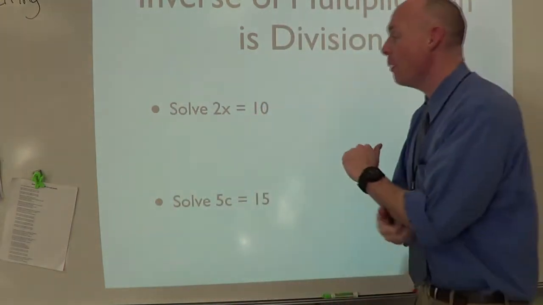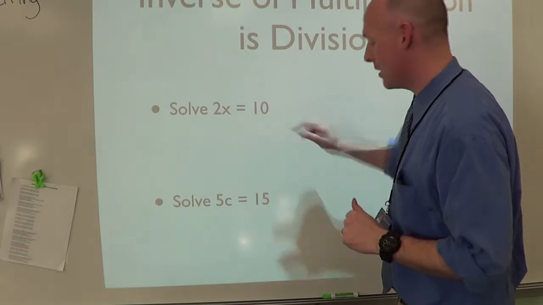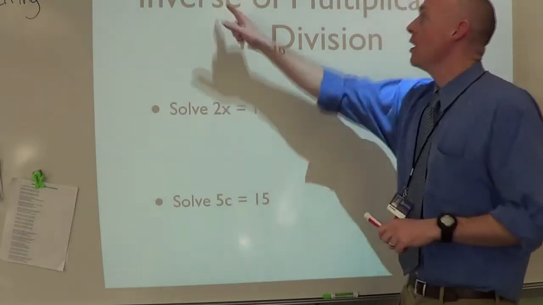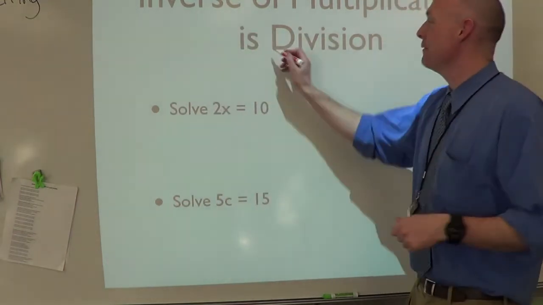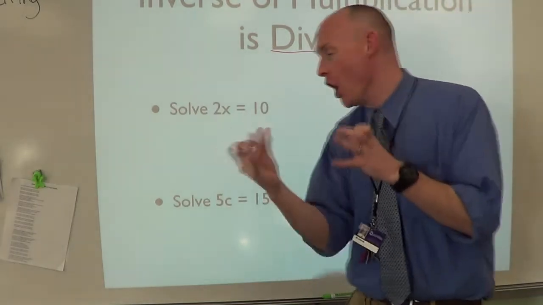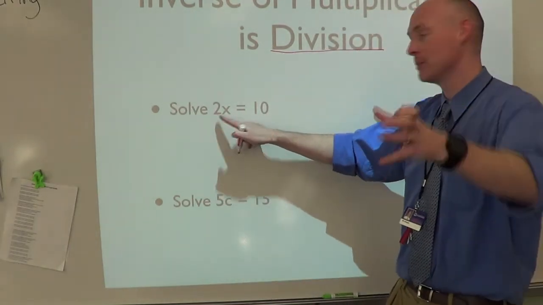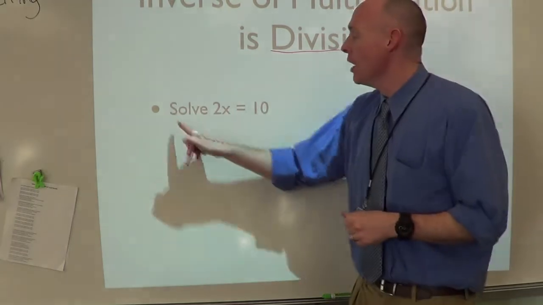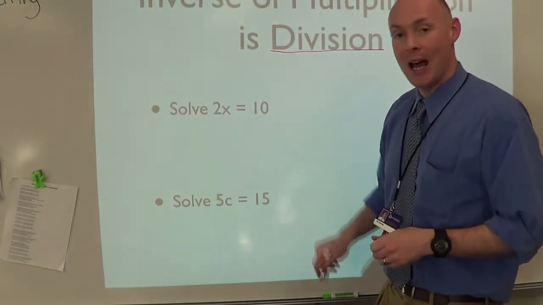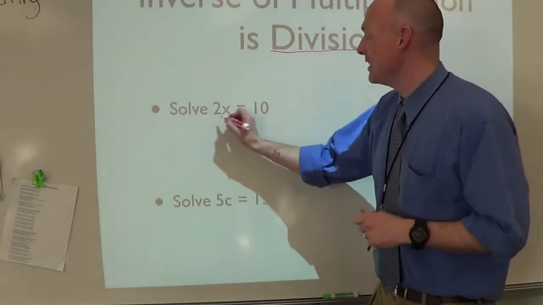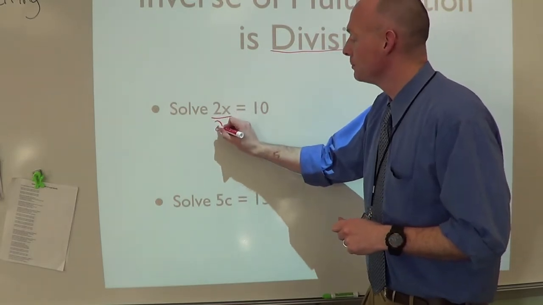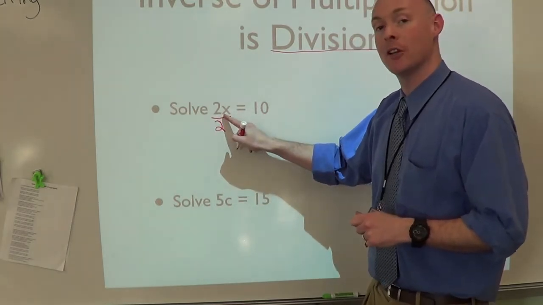In this case, our problem is 2 times x equals 10. The inverse of multiplication is division. So what we're going to do is undo the side that's on the x with division. So 2 times x, what we need to do is divide by 2 because it'll undo that multiplication.